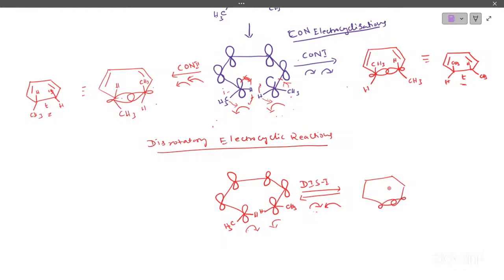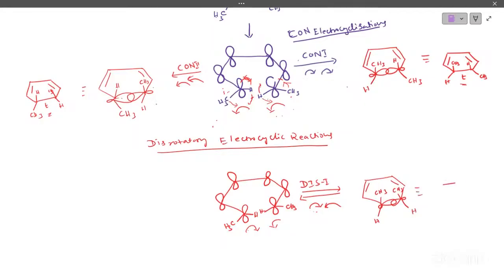The bonds at C1 and C6. The methyl group is moving up. The hydrogen is moving down. Next, during anti-clockwise rotation, the methyl group is moving up and the hydrogen is moving down.